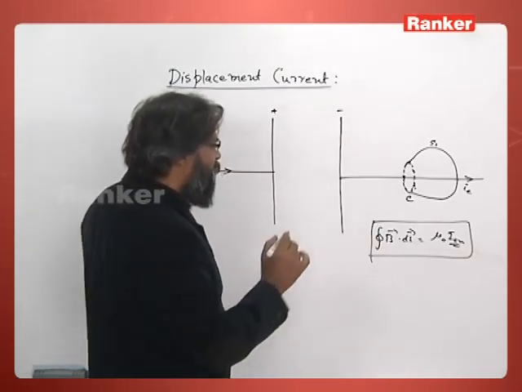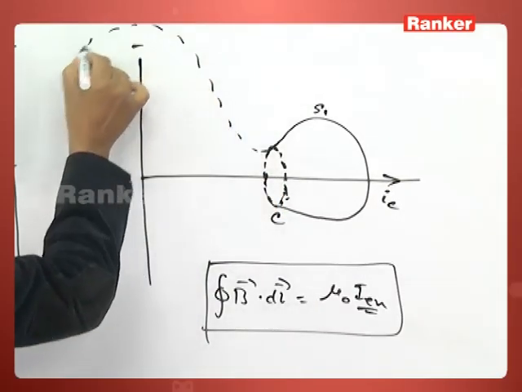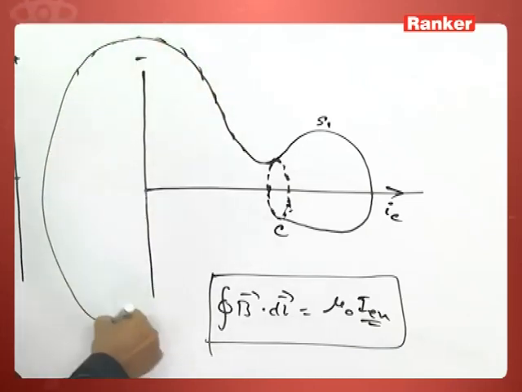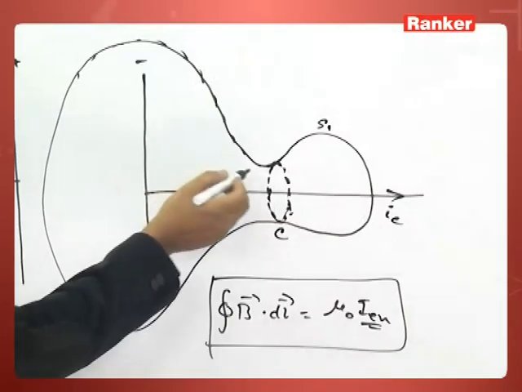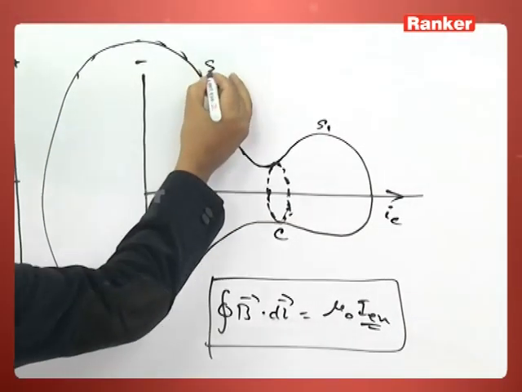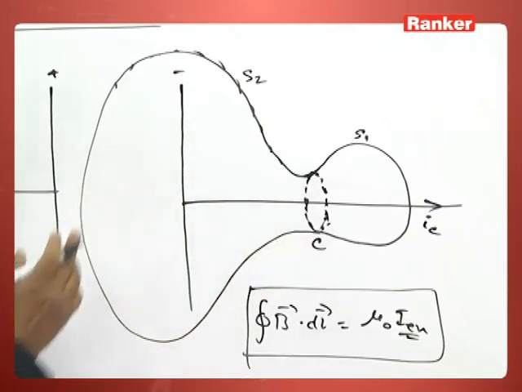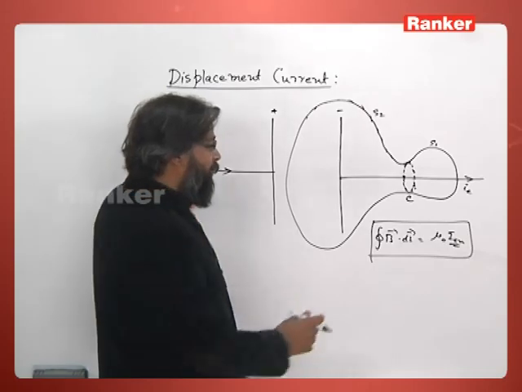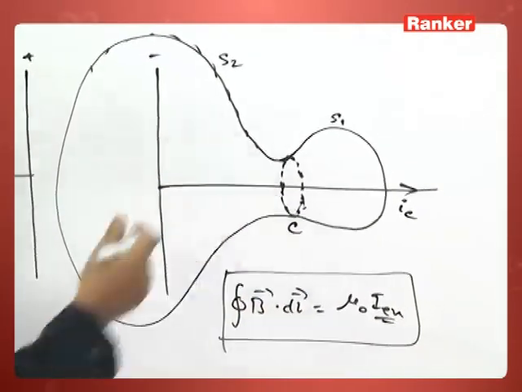Now suppose I take this surface like this, then we see that this is the S2 surface, no conduction current crosses the boundary of this surface. That means if there is no conduction current here, then B dot dl is 0.